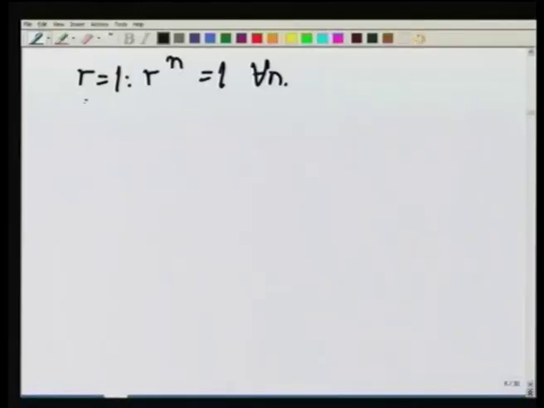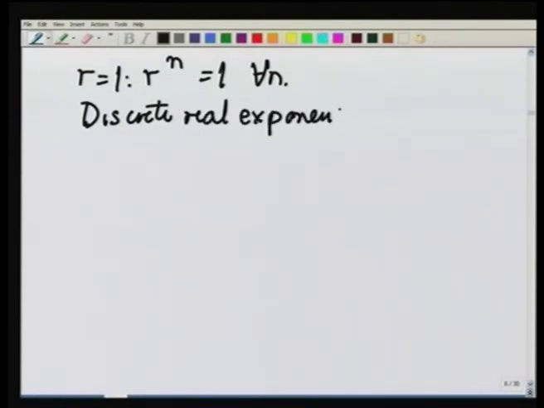More generally, perhaps we could phrase the discrete real exponential in the form k times r to the n, so that this entire curve that we drew a minute earlier would get scaled appropriately depending on the value of k. K could be positive or negative, but for the time being let us confine k to be a real number.